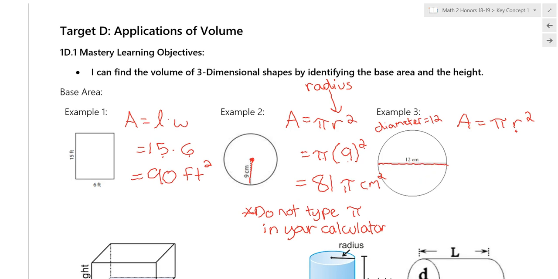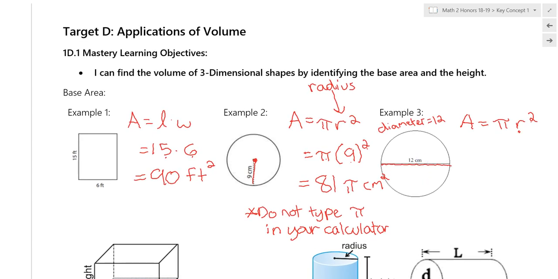Remember, from the middle out, right? So just this part, it's half of it. So then my radius is 6, right? It's just half the diameter.